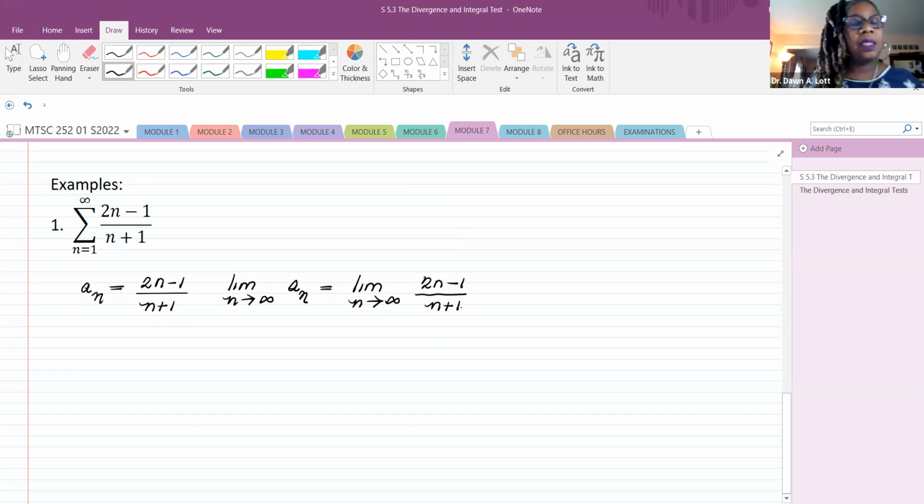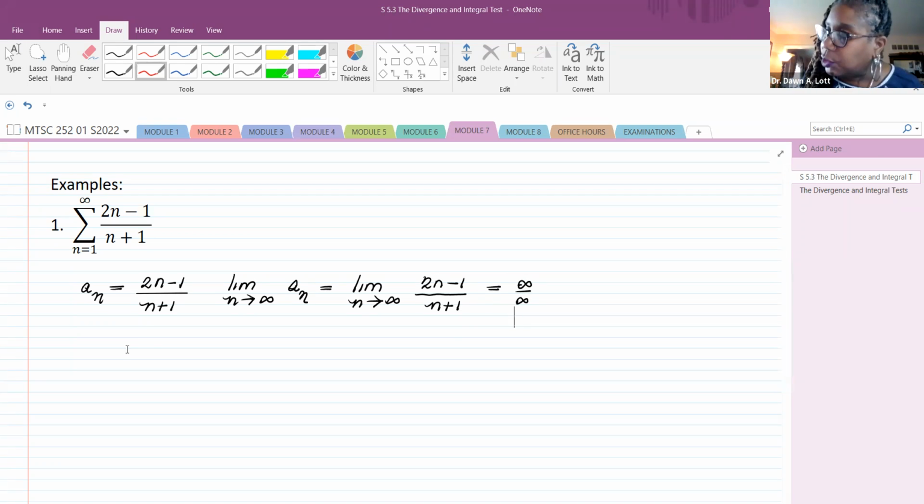How do you compute that limit? There are several ways. You can divide by the highest power of n, or you can use L'Hopital's rule, because on first pass you get infinity over infinity.